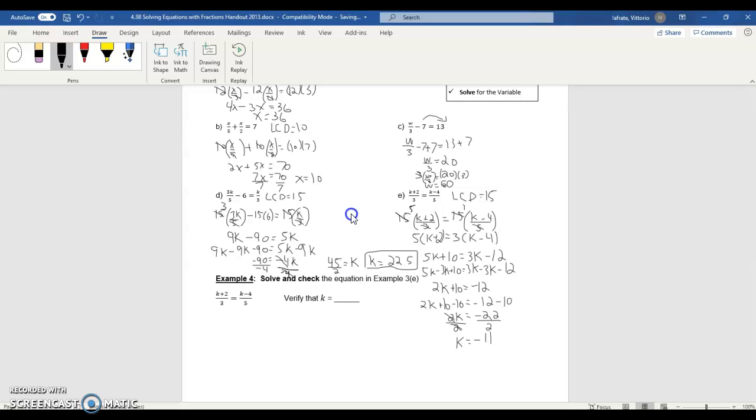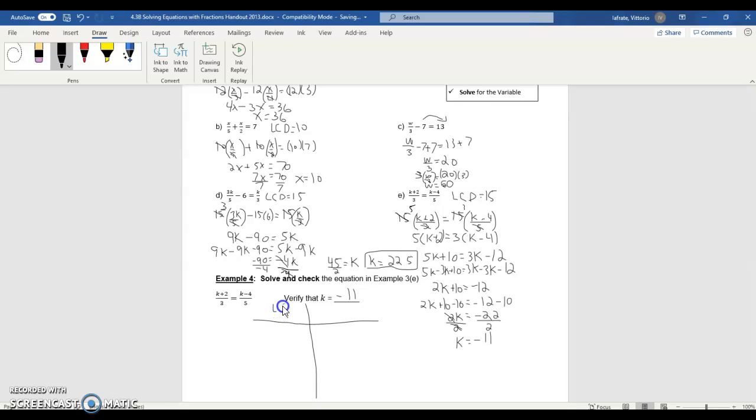So what we're going to do now is check to make sure that that is actually a correct solution. So we're going to verify that k is equal to negative 11 by doing a left side, right side table. So let's set one up over here. Left side is our (k plus 2) over 3.